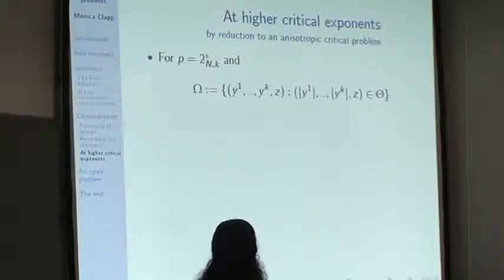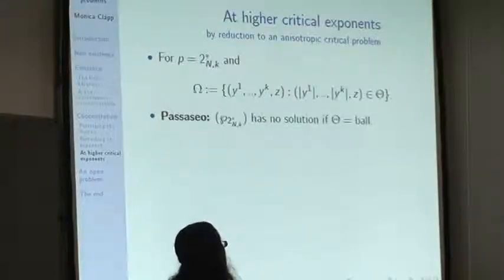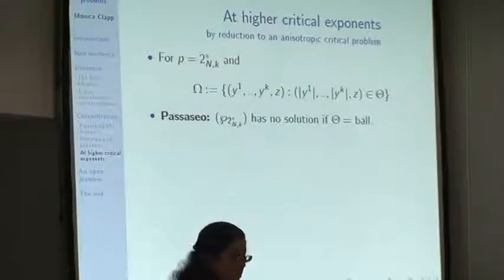And this kind of approach will not always give a solution, because we have already seen the examples of Passaggio, that when this guy is a ball, or the other examples I showed you, there is not always a solution, okay?